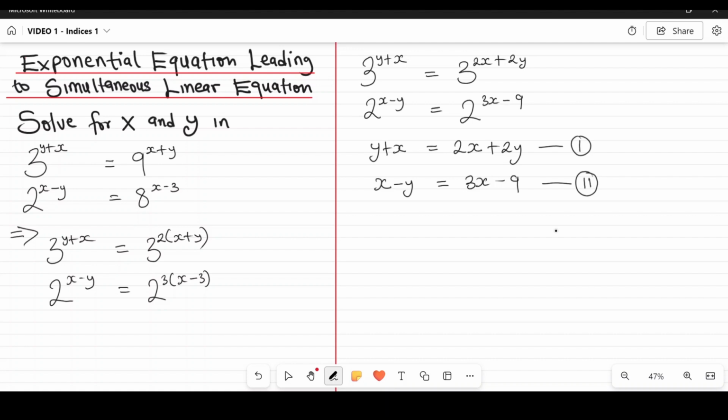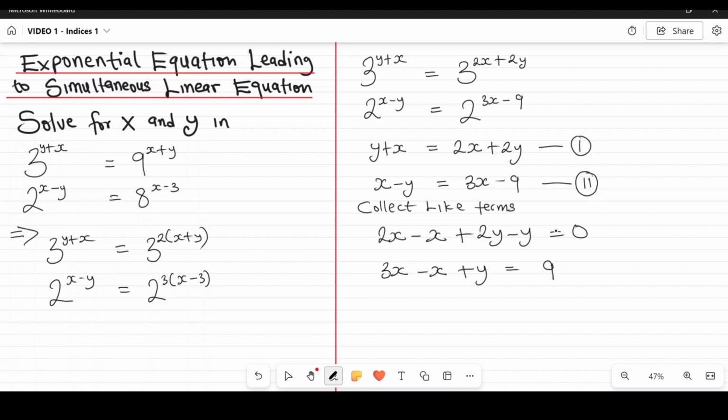What we do next is collect like terms so that we are able to form a simultaneous equation. This will give us 2x minus x plus 2y minus y equal to 0, and 3x minus x plus y equal to 9.